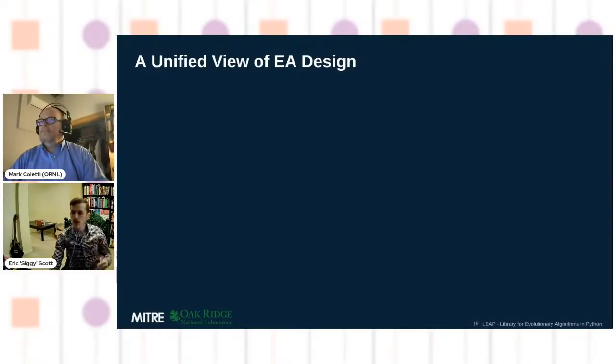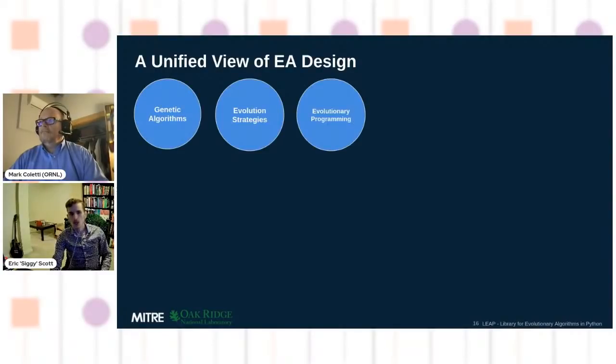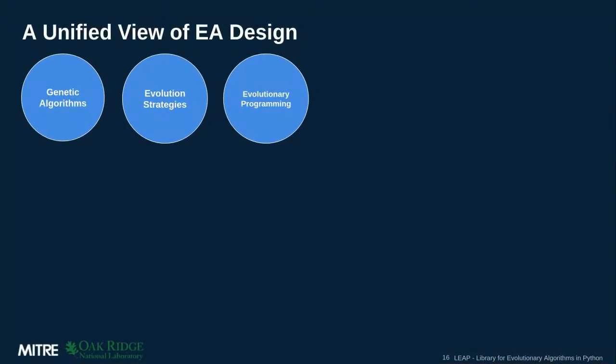So if you've studied evolutionary algorithms before, most introductions will introduce you to the three big historical families: genetic algorithms, which have the most name recognition; evolution strategies, which have also gotten quite a bit of press recently; and evolutionary programming. Traditionally, these were treated as three distinct classes of algorithms, and you were either using one or the other.